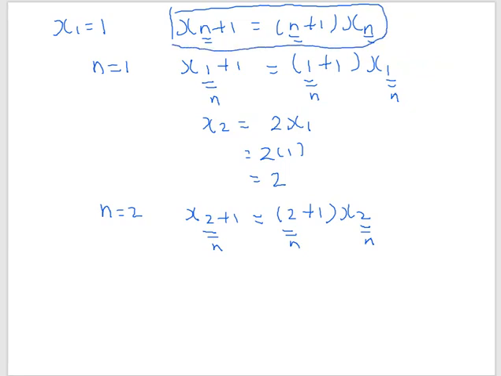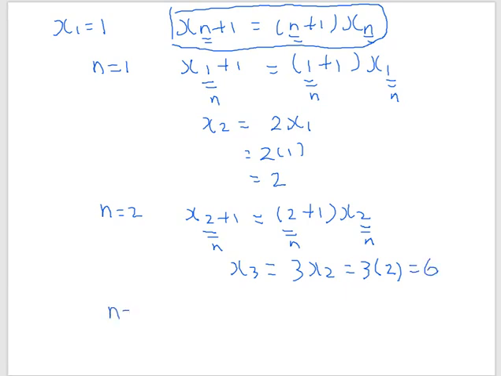With this, you see that to find x3 is just 3 times x2. So it will be 3 times 2, since x2 is 2. So it gives you 6.